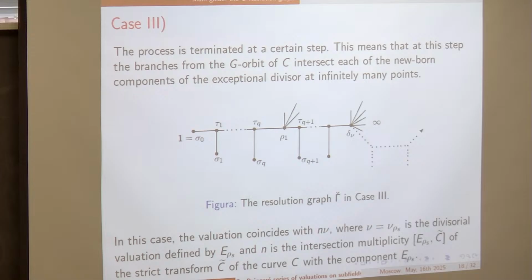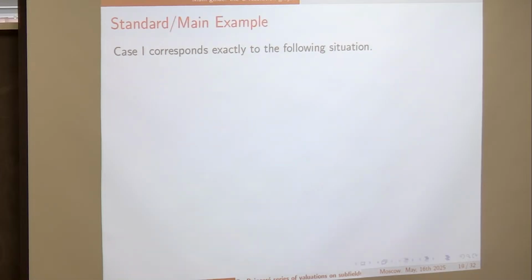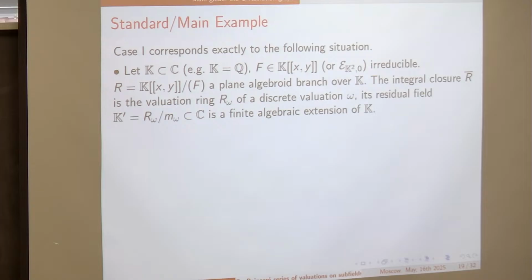Okay, so what more? Let me explain what we call the standard main example, which is case 1. I explain another point of view of case 1. It corresponds exactly to the next situation. You have some subfield K of C. Take a formal series which is irreducible in the ring of power series with coefficients in K. You take the quotient ring, and call this a plane algebraic branch.